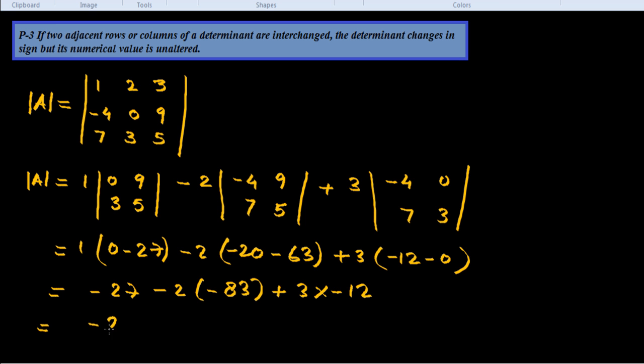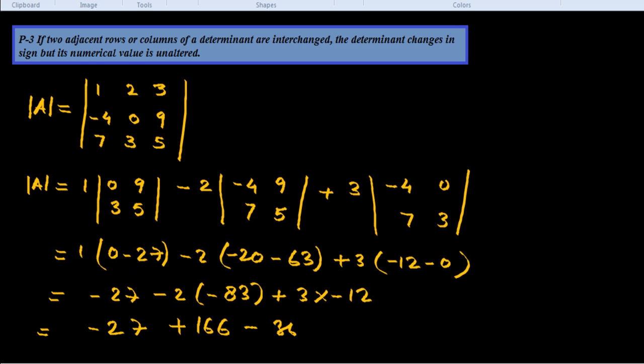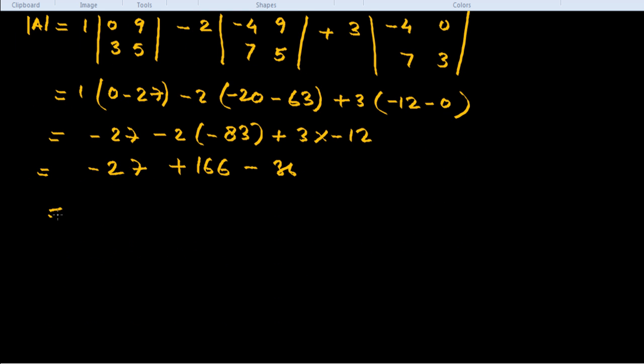So we get minus 27 plus 166 minus 36. You get here 103, which is positive. 103 is the value of this determinant.